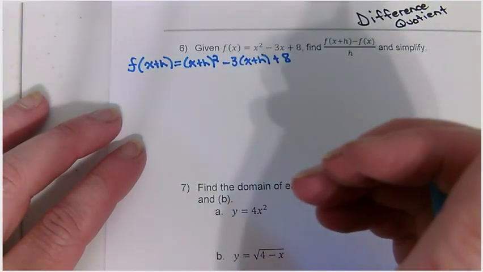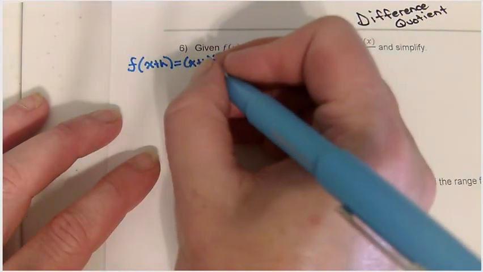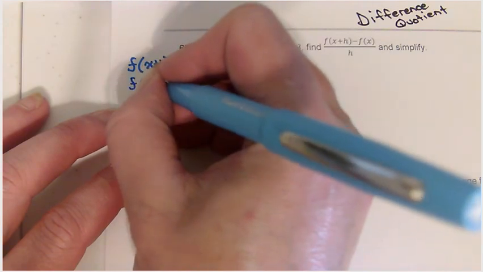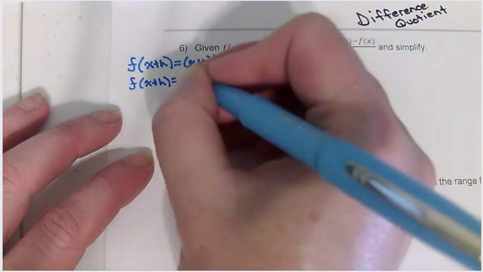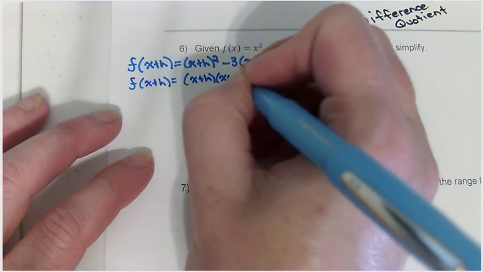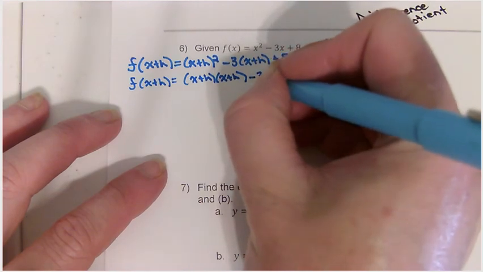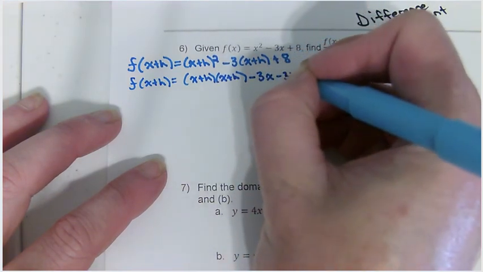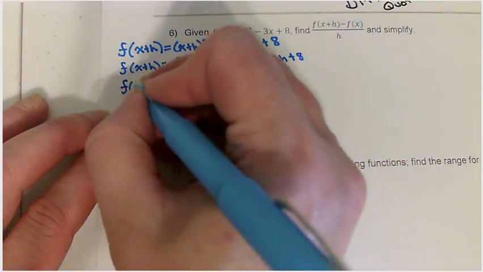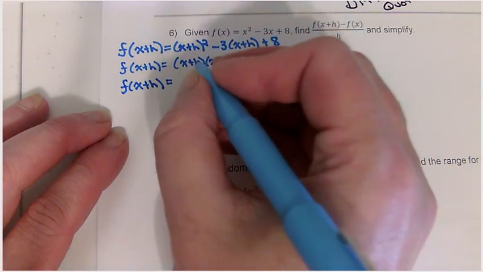And I think I would like to simplify that just a little bit. So x plus h squared means I'm going to take x plus h times x plus h. Here, I need to distribute a negative 3. So negative 3x minus 3h plus 8. So distribute.